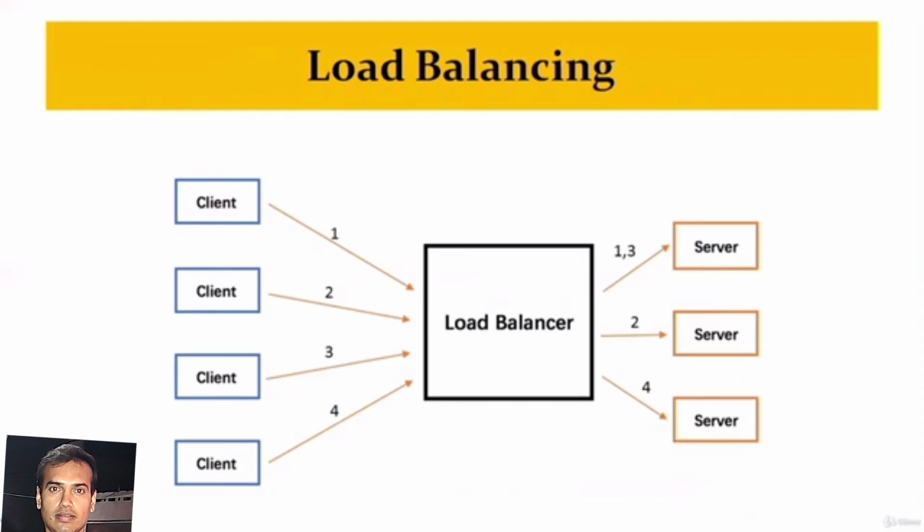We'll increase the number of servers and balance the load on the multiple servers. So these 3 servers are identical and the requests are distributed among them. Here you can see request number 1 and 3 are given to server number 1, request number 2 is given to server number 2, and request 4 is given to server number 3. So here we can balance the load.